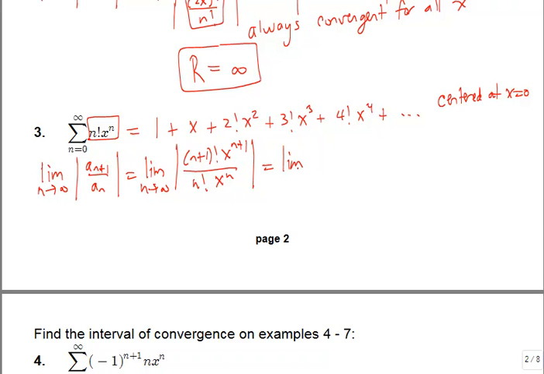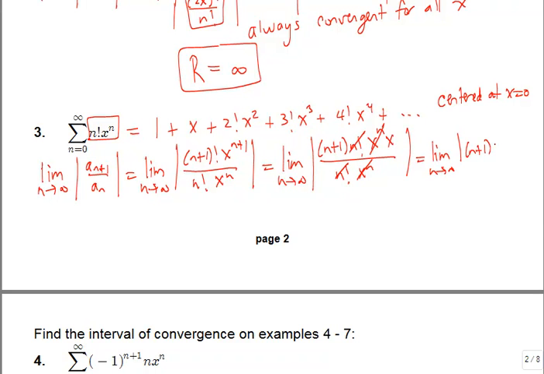And I'm going to do the same trick that I did on the last example. I'm going to break up that numerator. n plus 1 factorial is n plus 1 times n factorial, and x to the n plus 1 is x to the n times x. So the x to the n's cancel, the n factorials cancel, and what I'm left with here is an n plus 1 times an x, and x is like a constant.